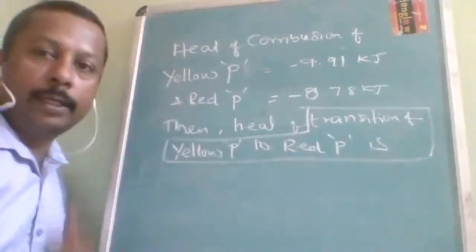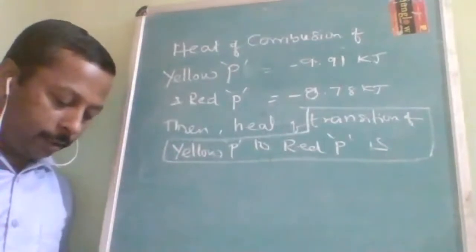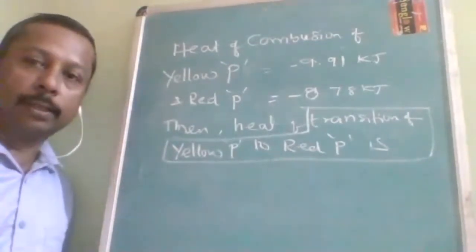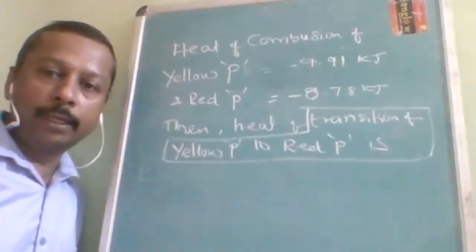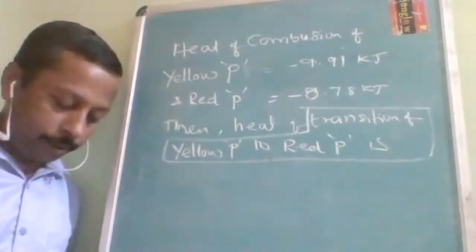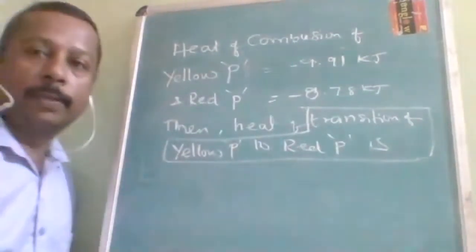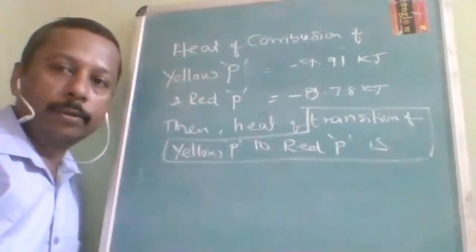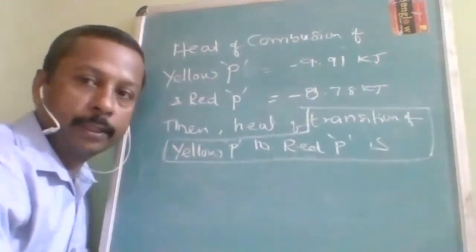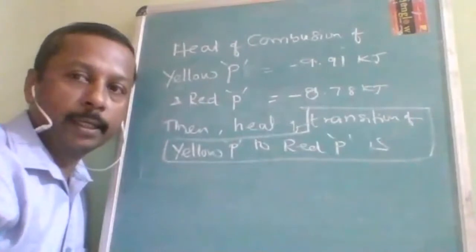Arranging it in the right sequence will give the correct answer, otherwise you will get wrong answers. Most people answer with the wrong sign. In the examination, such wrong options are given.